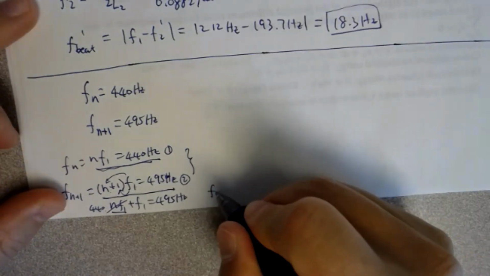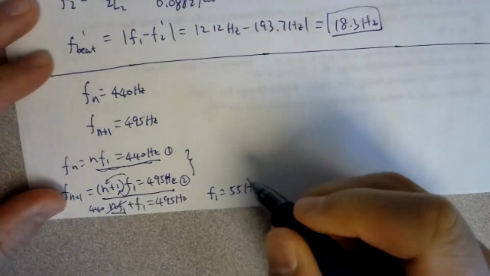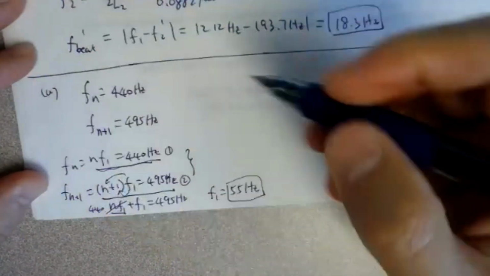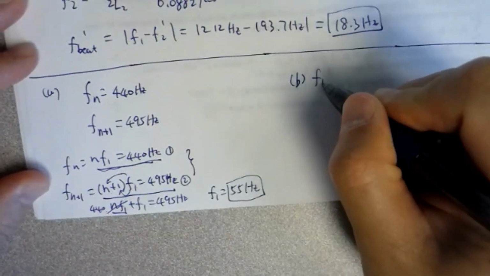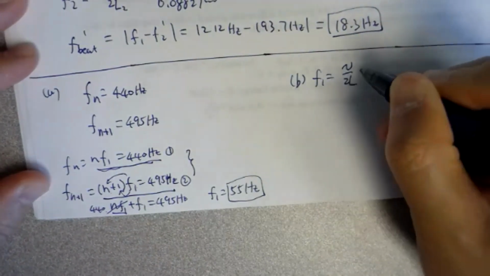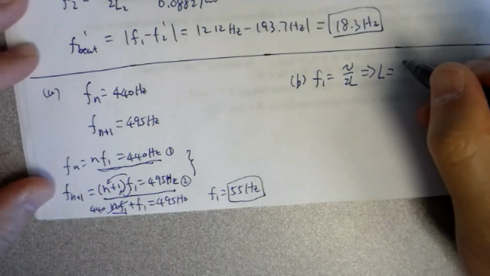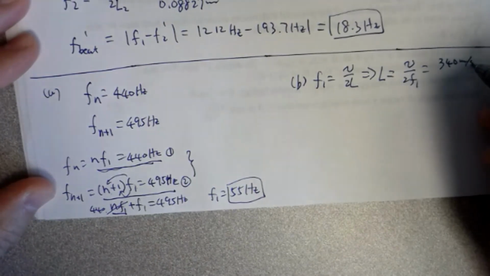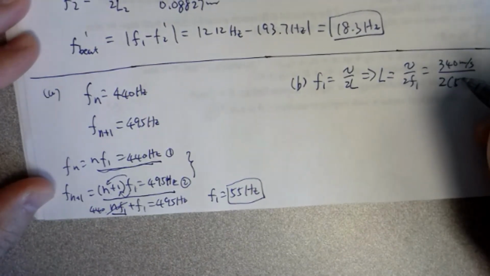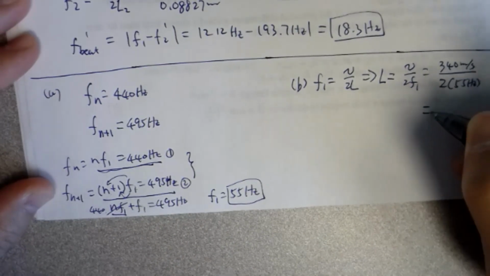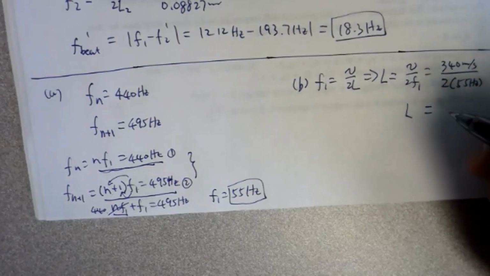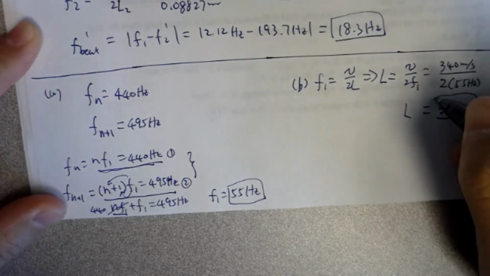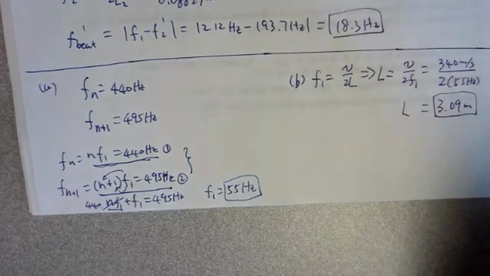So 55 Hertz. So you can get that directly. Okay, so now you have A solved. Now for B, because F1 is equal to V divided by 2L, then L is equal to V divided by 2F1. So use V as 340 as instructed in the problem, 2 times 55 Hertz. This gives you L equal to 3.09 meters. Okay, so that's the length of the organ pipe.